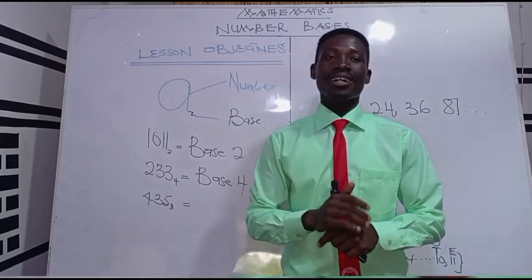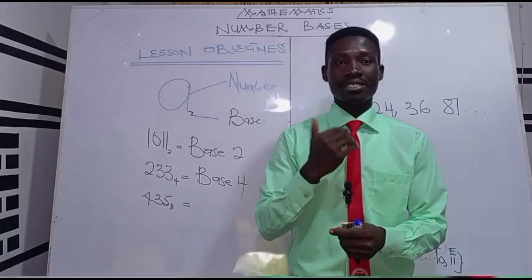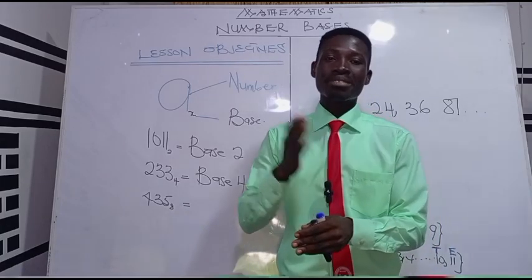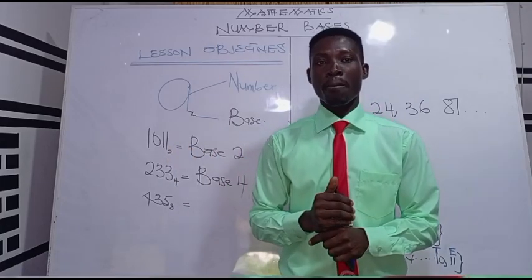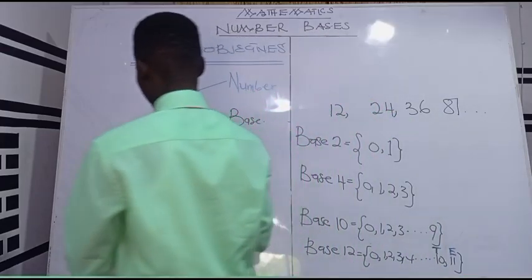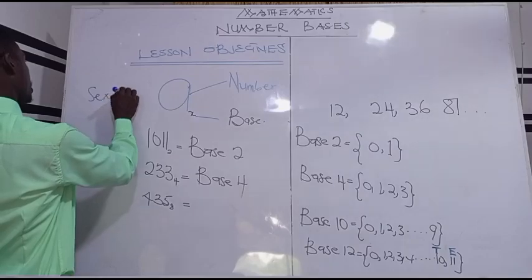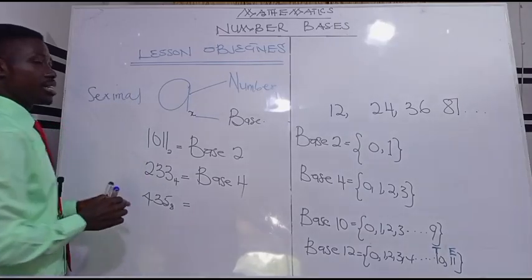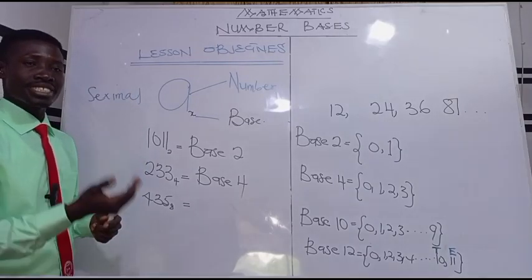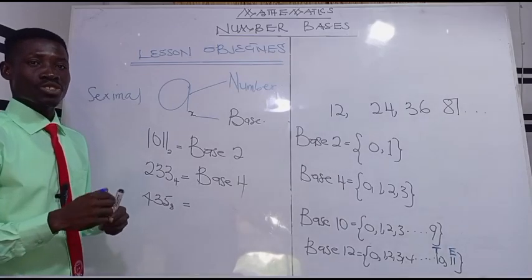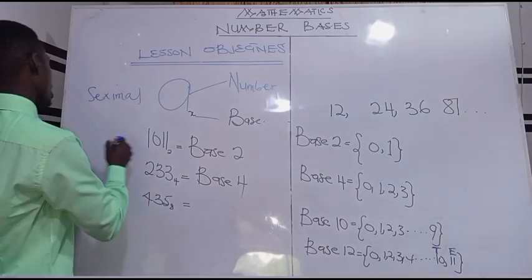A number that is written in base 6 is called a sexamal numeral. A number that is written in base 9 is called nonary numeral.